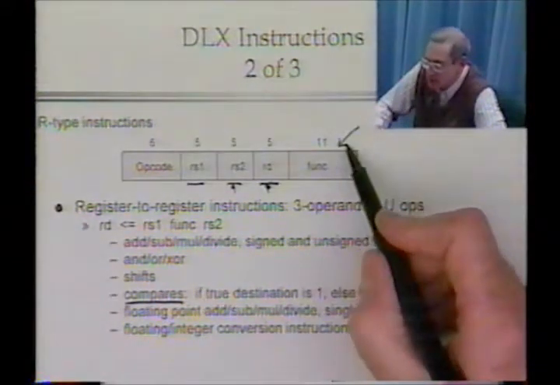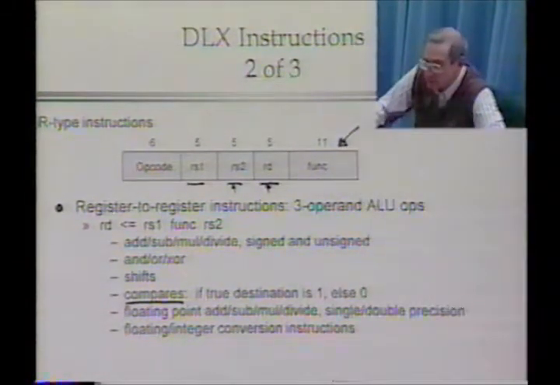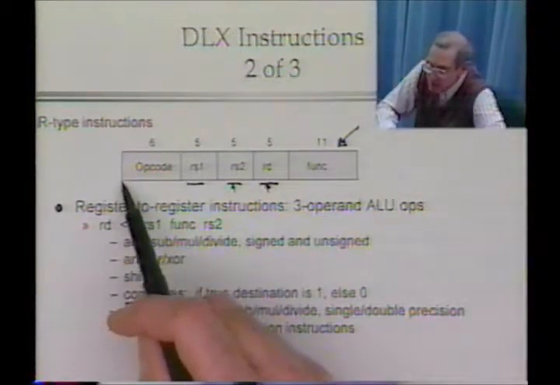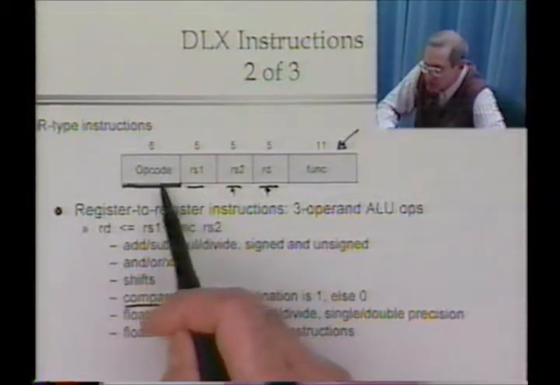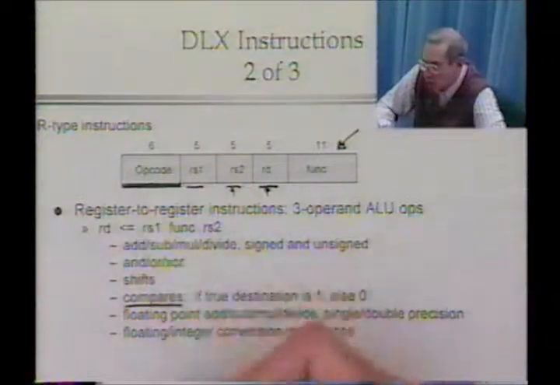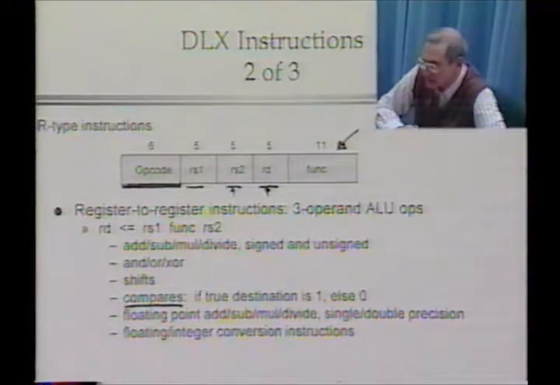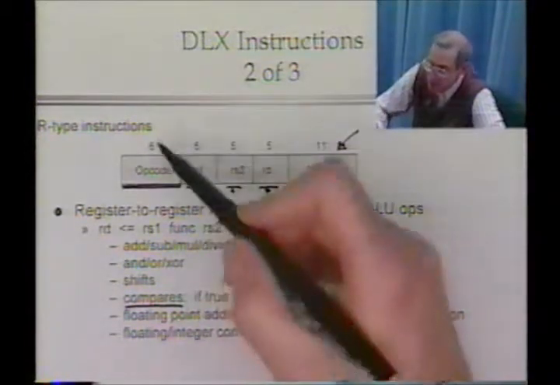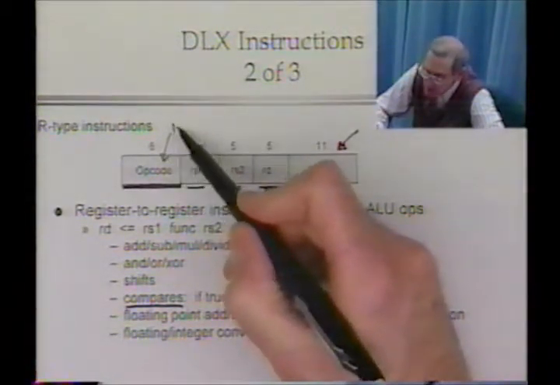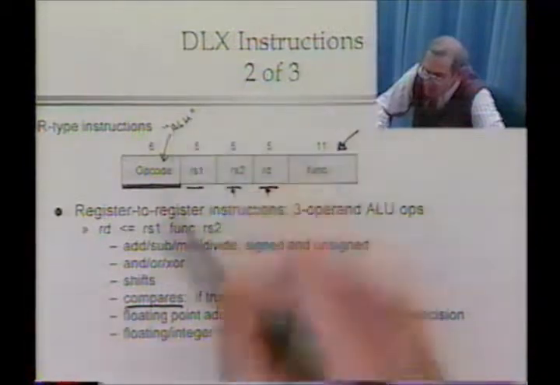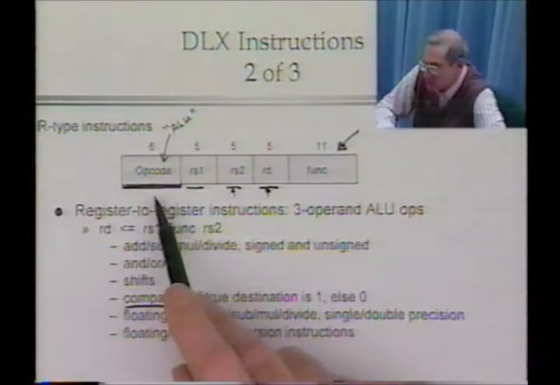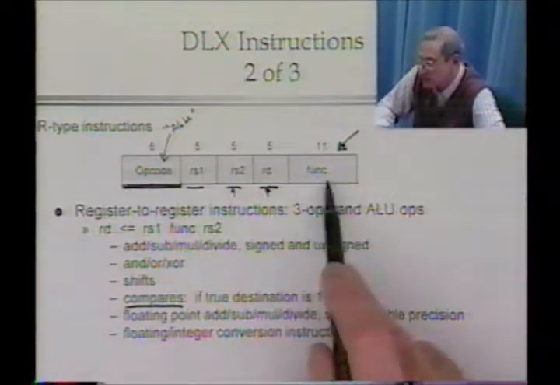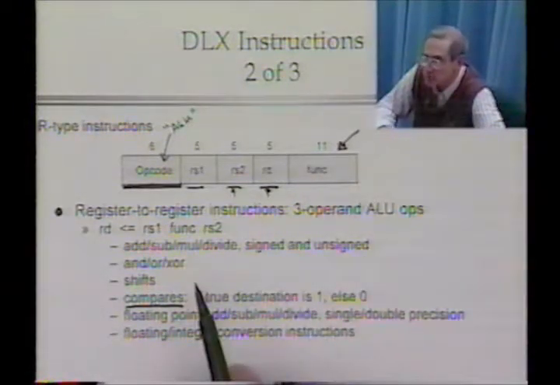Now why is this function here? Well, the reason is that 6 bits didn't give us enough opcodes to be able to encode all of the different register-register operations there are. So in fact, for most of these, what the opcode simply says is ALU type operation. And the details of which ALU type operation it is encoded somewhere in these other 11 bits.